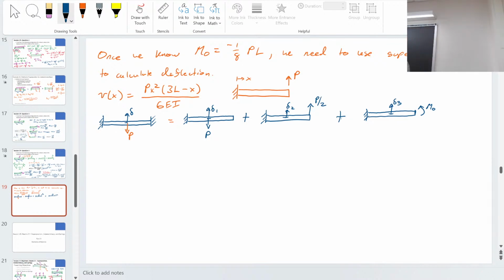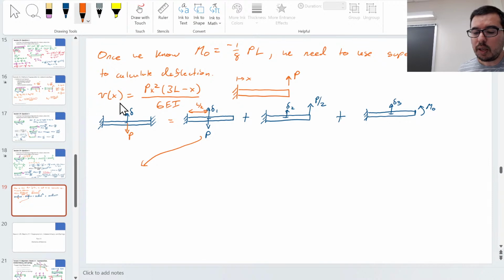Sorry it's taking me a little while to get through this. Okay, so let's break it down. Let's look at what's happening over here. So the length of this region right there is L over 2, right? It's halfway.